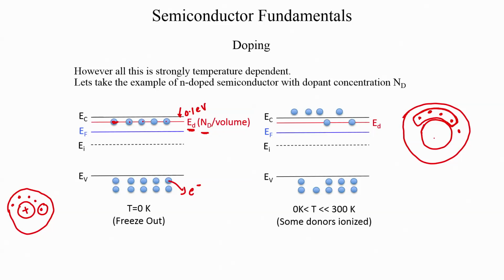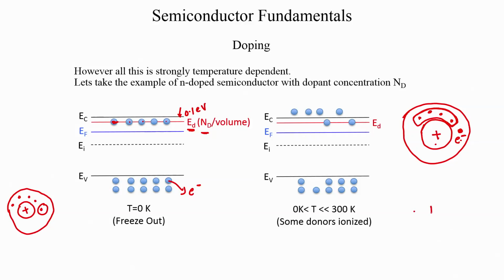But the moment this electron moves away, it is going to leave a positively charged core behind. There is a negative charge here and a positive charge here, so the entire species is charge neutral.